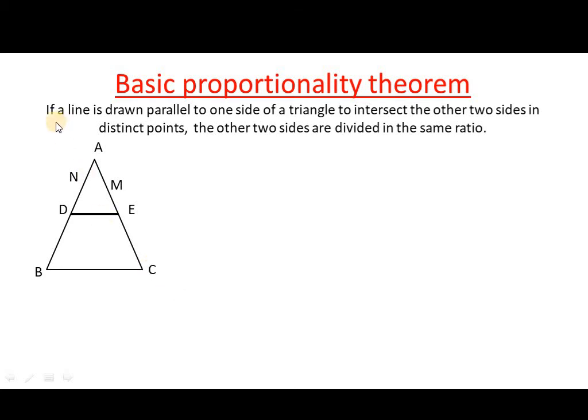Now see again, read the statement. If a line is drawn parallel to one side of a triangle, I have drawn the line DE which is parallel to the side BC.